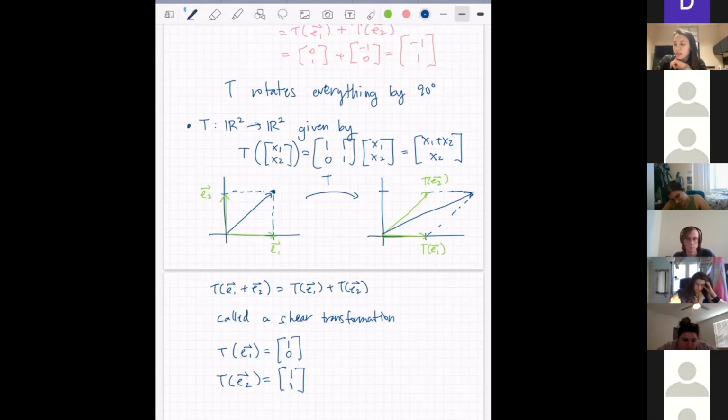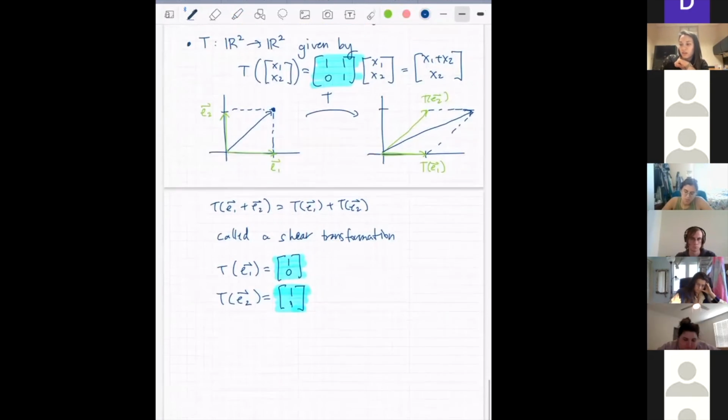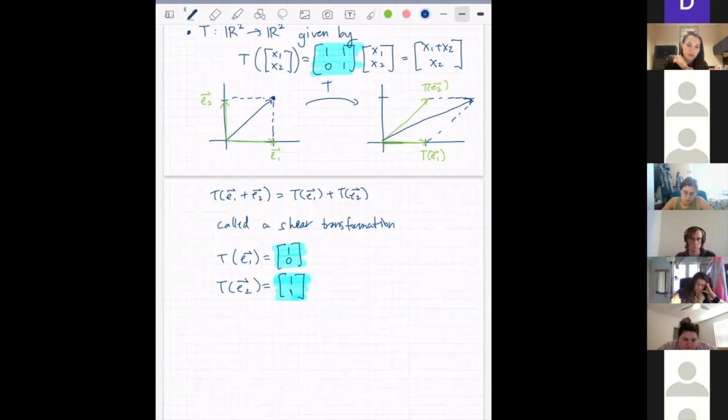If we compare this to the matrix that defined our linear transformation, this guy up here, notice that T of E1 matches up with the first column, and T of E2 matches up with the second column. This is a pattern that will continue.